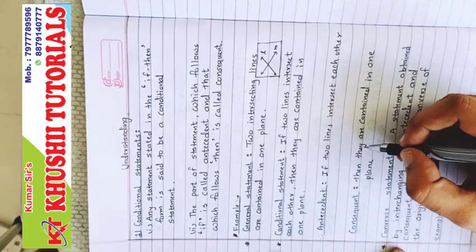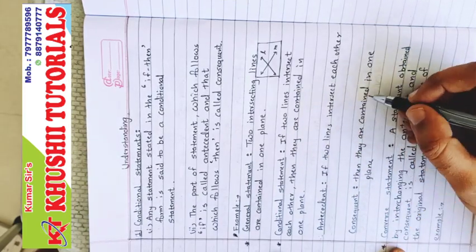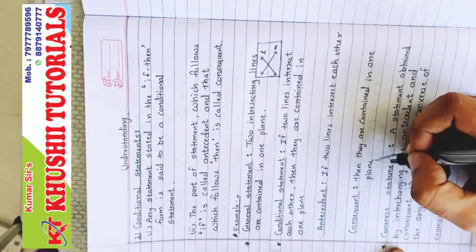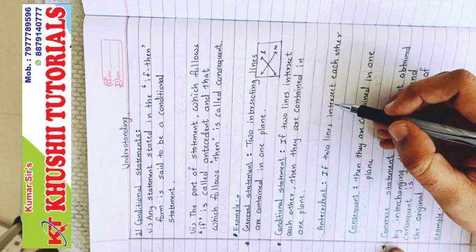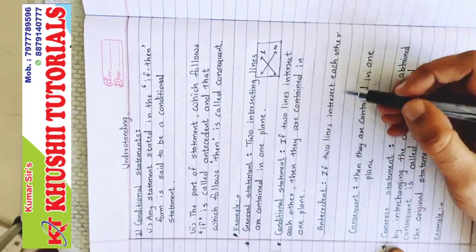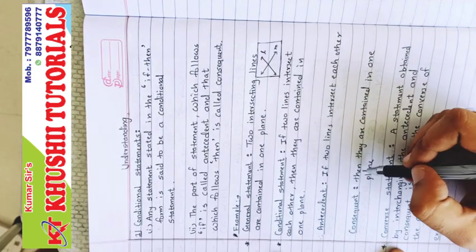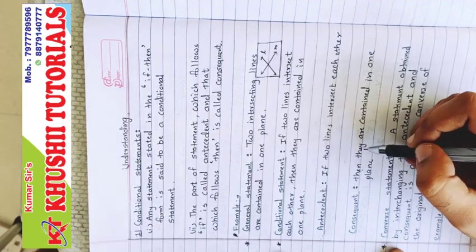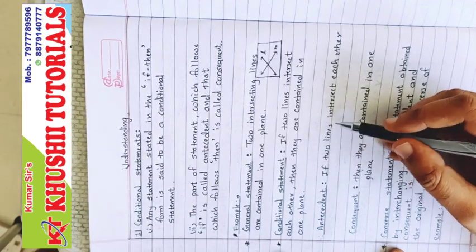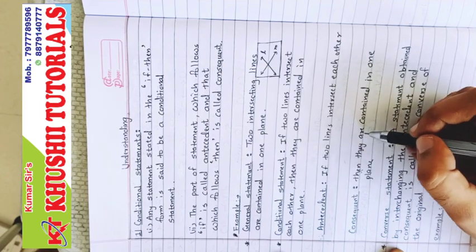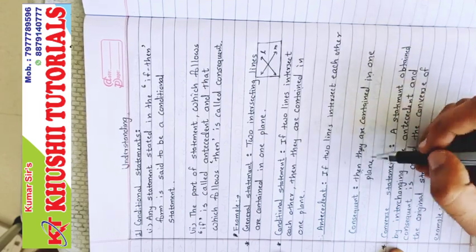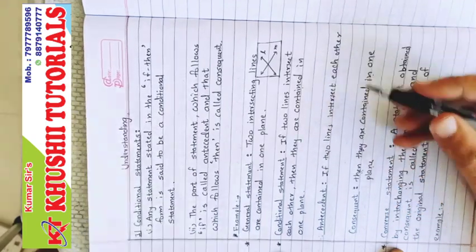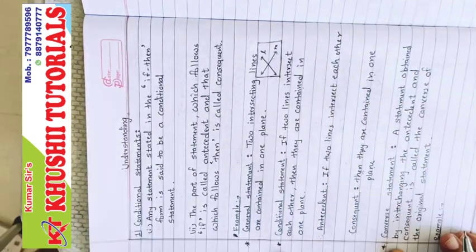If lines are contained in one plane, then those two lines intersect each other, or they are intersecting lines. That is the antecedent and consequent reversed.